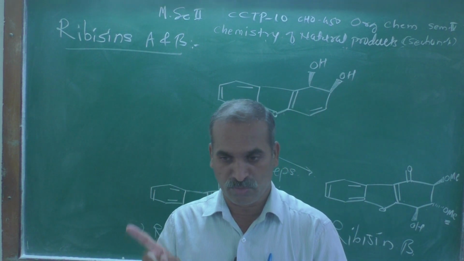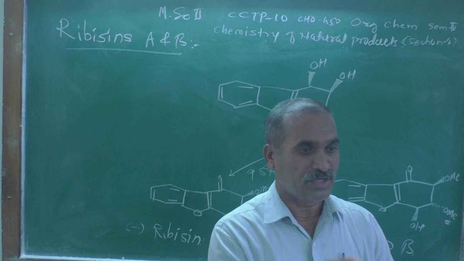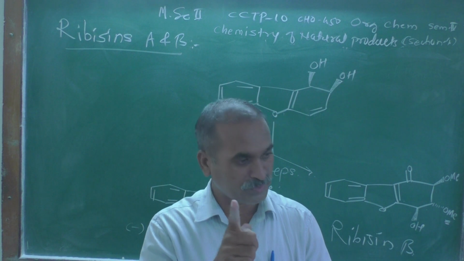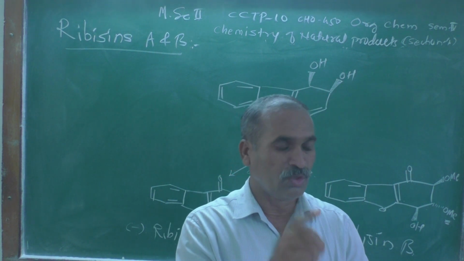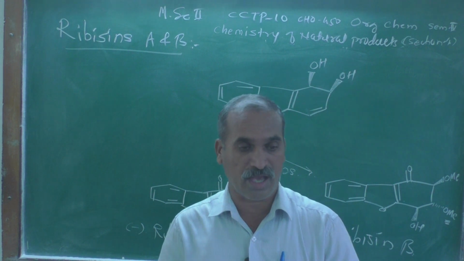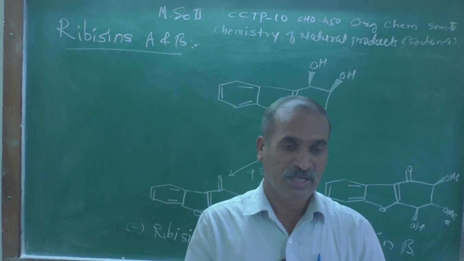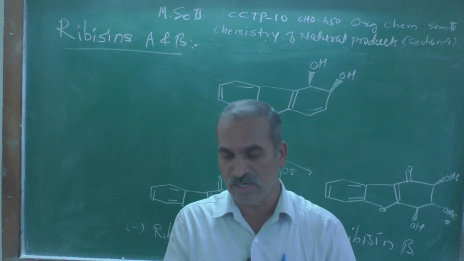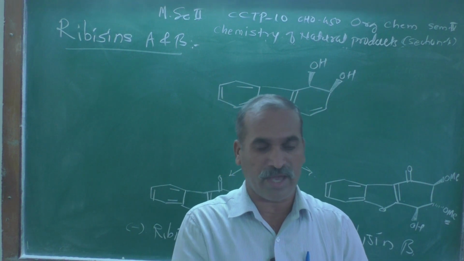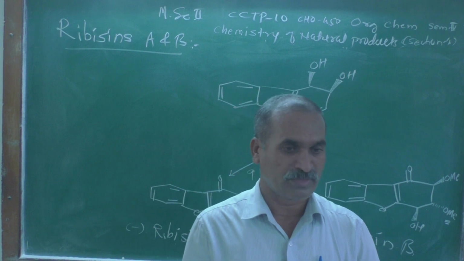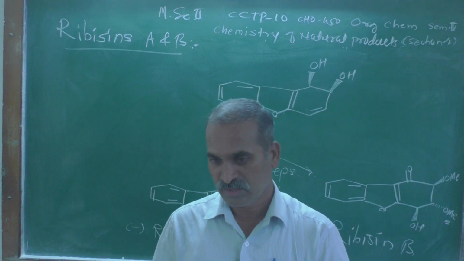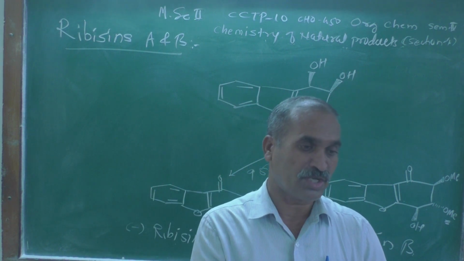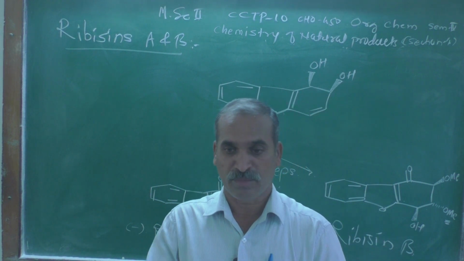The statement of Markovnikov's rule about addition reactions for an asymmetric alkene: in an addition reaction, the negative part of the reagent, or the addendum, attaches to that carbon which carries the lesser number of hydrogen atoms, and according to that we are getting the product. And he made this statement on the basis of mechanism.